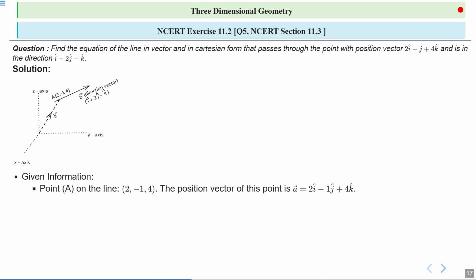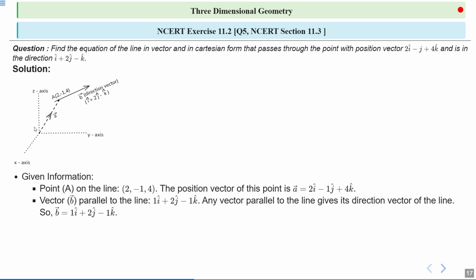So the given information: point A on the line. The coordinates of point A are 2, minus 1, 4. The position vector of this point is vector a, that is 2i cap minus j cap plus 4k cap.